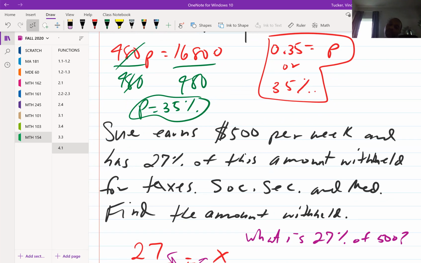All right. The next one: Sue earns $500 per week and has 27% of this amount withheld for taxes, Social Security, and Medicaid. That should have been a comma right there. Find the amount withheld.